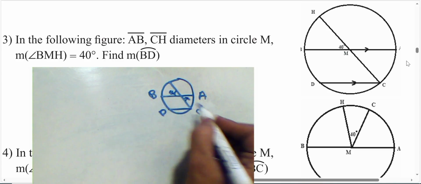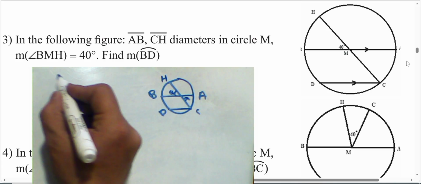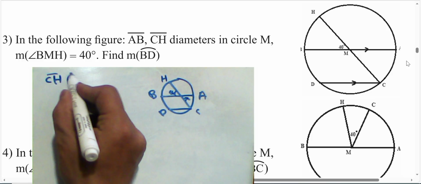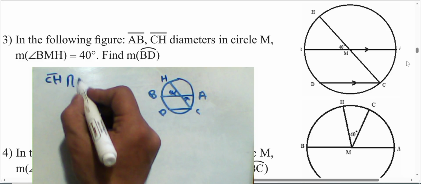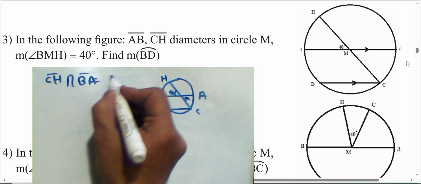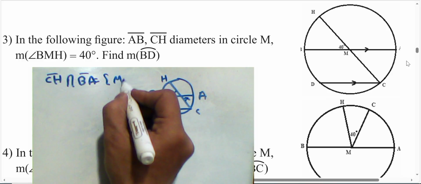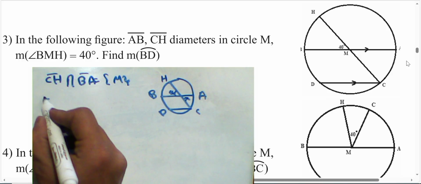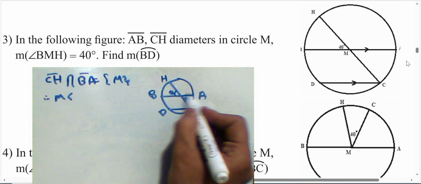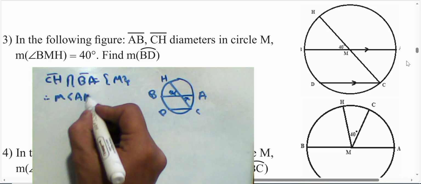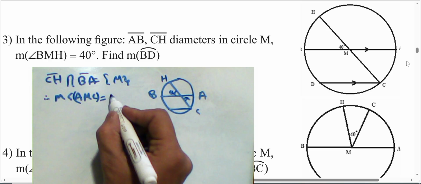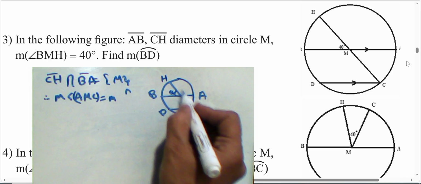Intersection, we have CD intersecting with BE at the point M. Then the measure of angle AMC equals the measure of angle BMD.